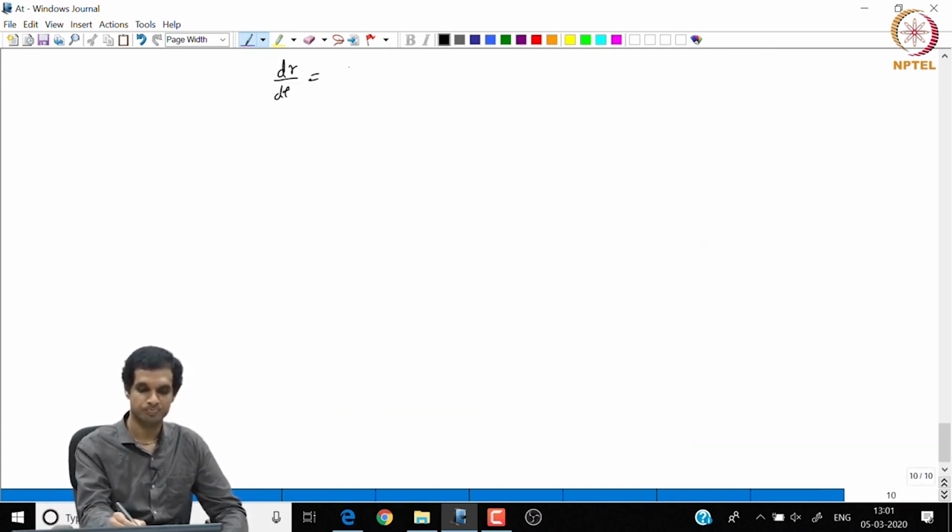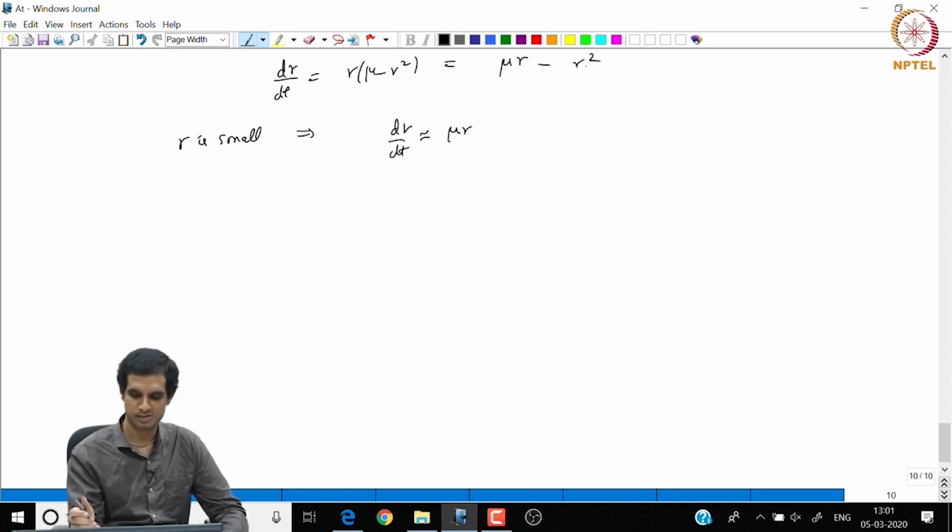dr/dt is equal to r into (mu minus r square), which is nothing but mu r minus r square. So when r is small, we have dr/dt approximately mu r, because we are neglecting this term when r is small.